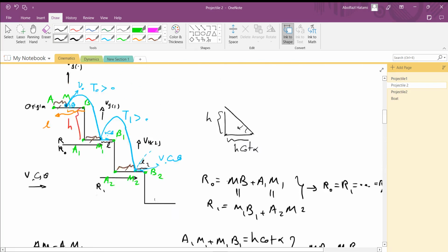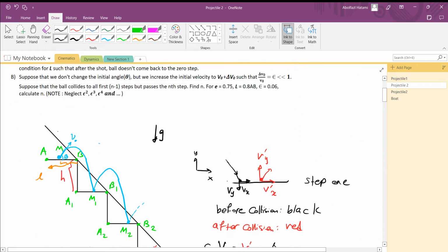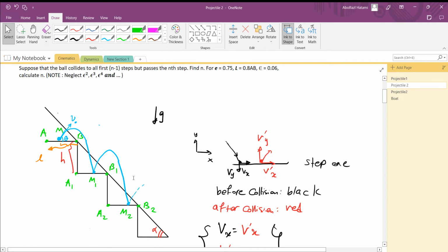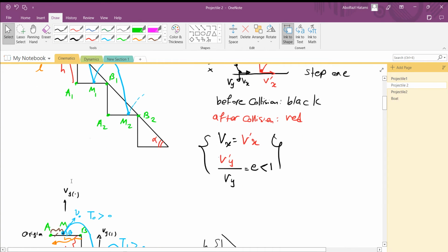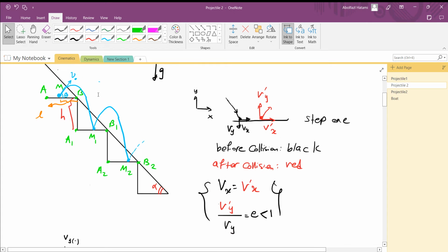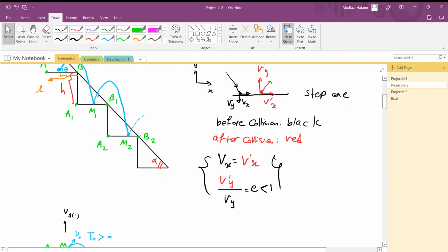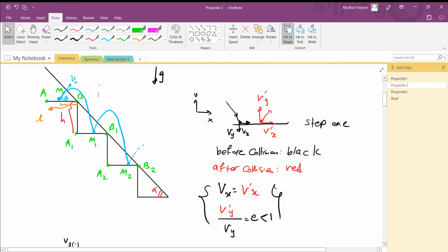Actually, the note for solving this part is that you should be aware of the fact that our velocity in the x direction doesn't change in the whole duration of the problem, because we don't have any acceleration in that term.